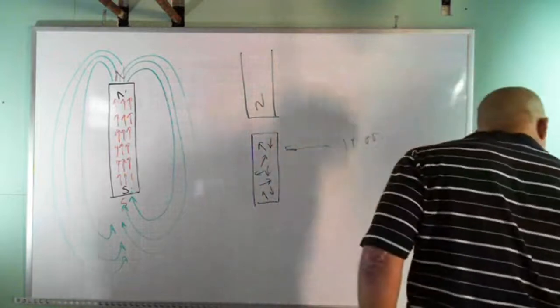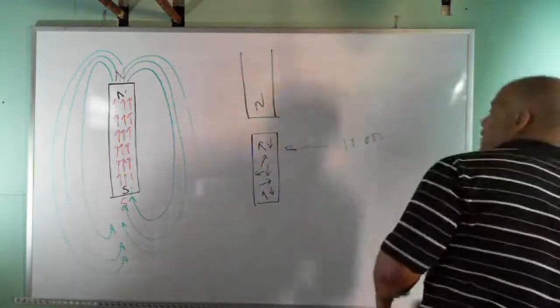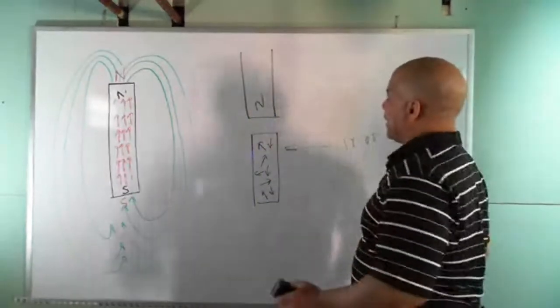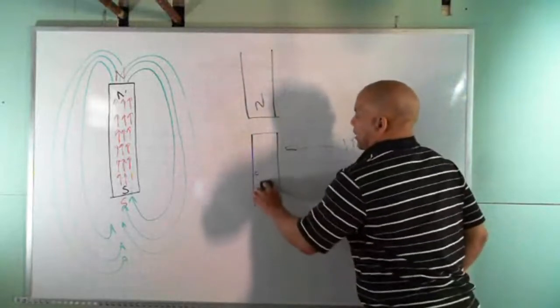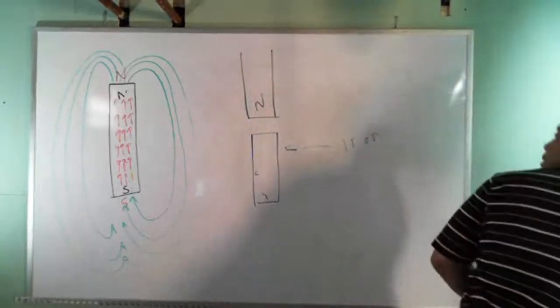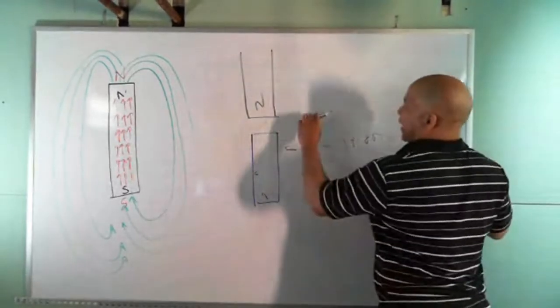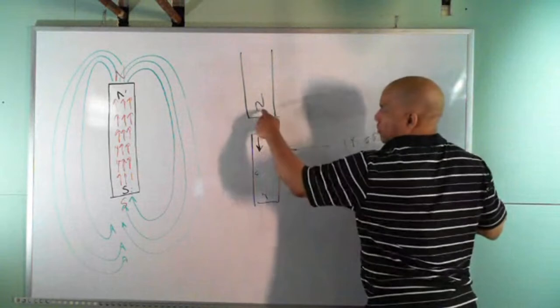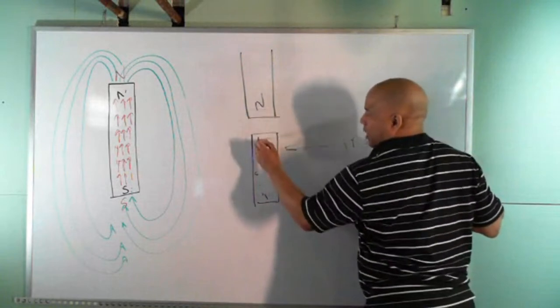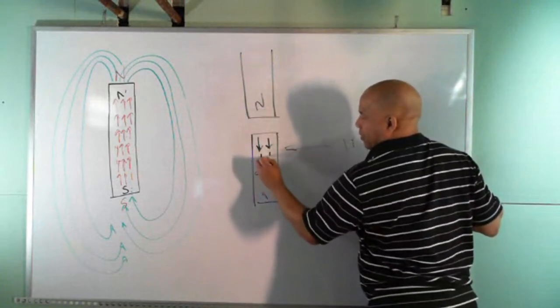And that's exactly what will happen. If you leave this metal near the magnet, over time the south-seeking poles of the magnetic domains will orient themselves in this direction, because they're attracted by the north.